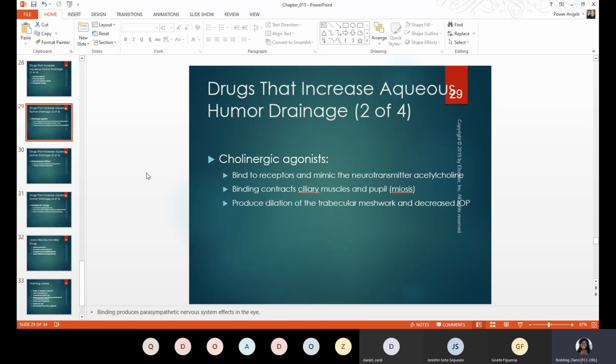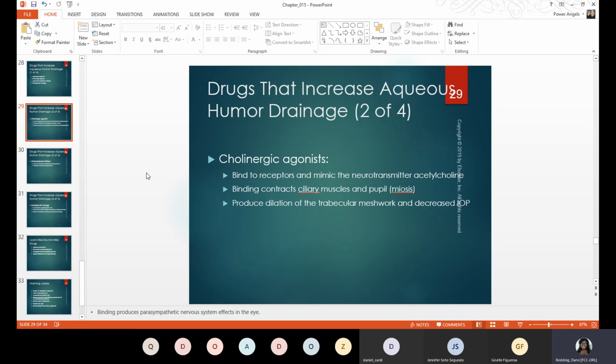So continuing learning about cholinergic agonists, it is going to help by binding and contracting the ciliary muscles in the pupil. And remember, when the pupil contracts, that is an example of miosis.